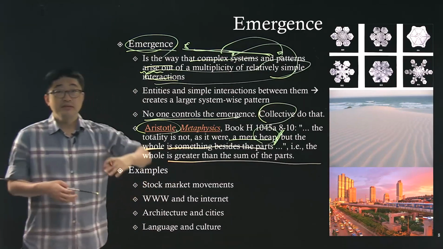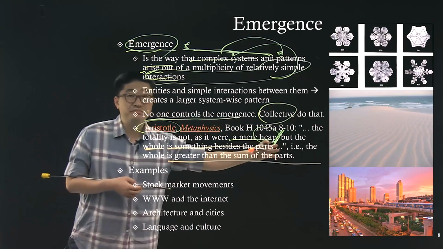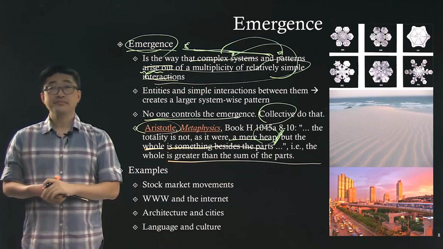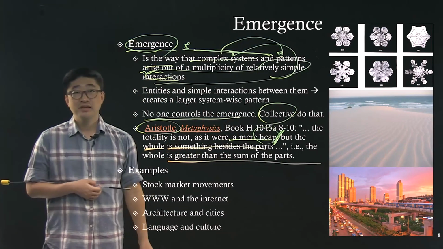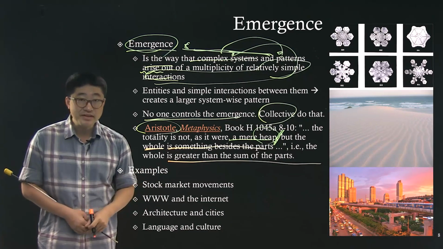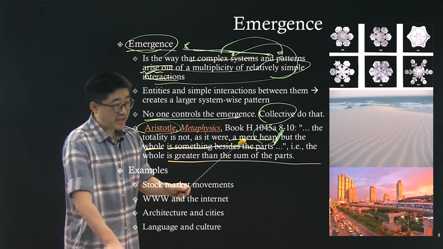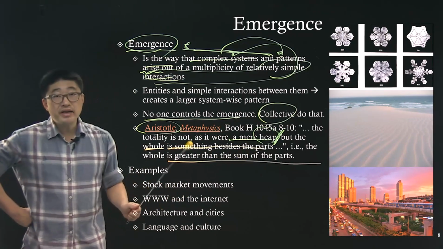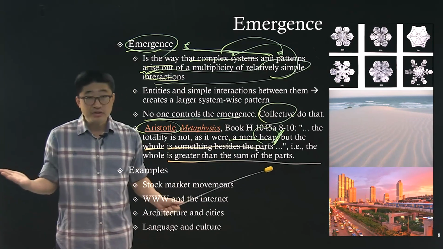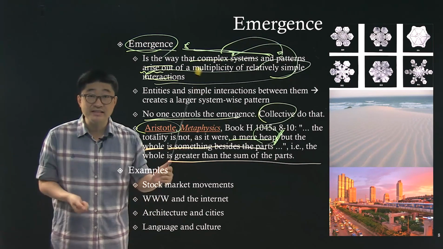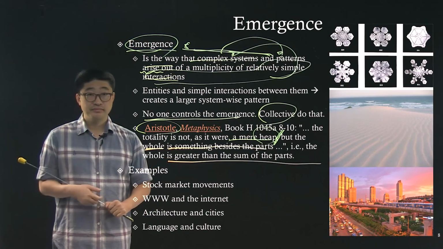Okay? Something besides the parts means that parts alone do not create the whole. There is something else. And what is that? That's the question. So parts alone, just a collection of parts, will not create the whole. What will create the whole? The interactions between the parts and its emergence.